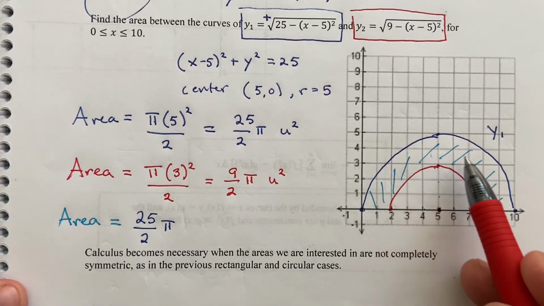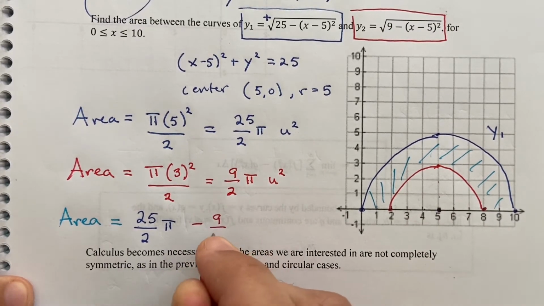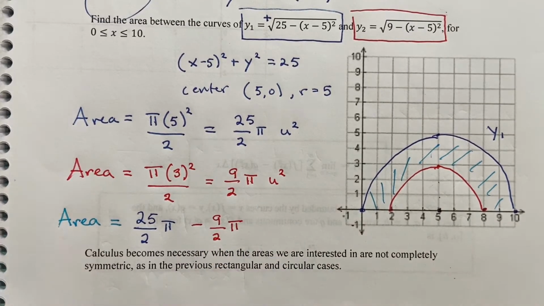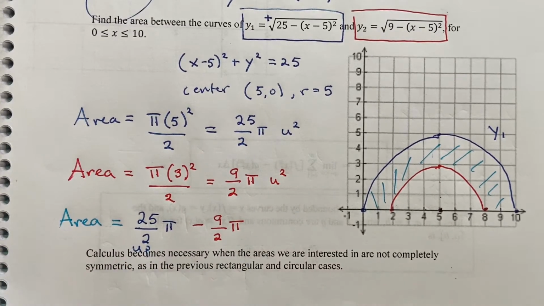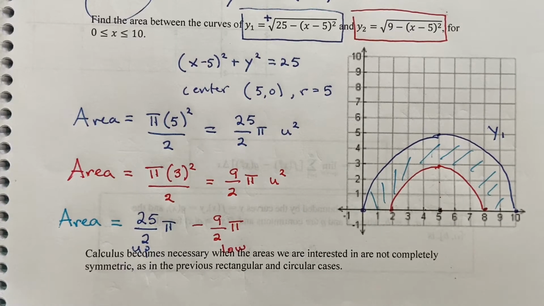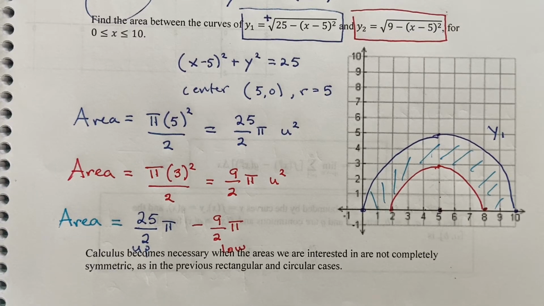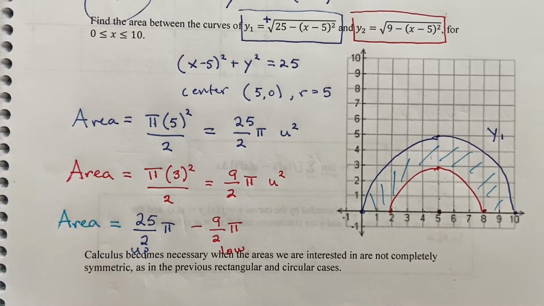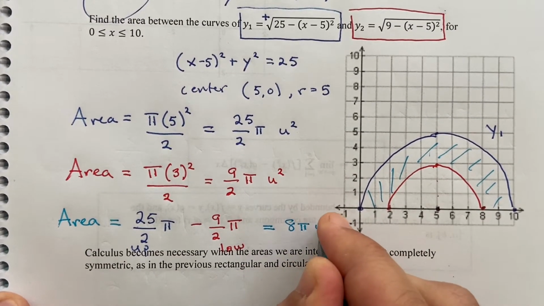But then to find the true area, this light blue region, I need to subtract 9 halves pi. So again, that's this upper minus the lower. It looks like after doing that, we would have 16 halves, which is 8. So we'll have, in the end, 8 pi square units.